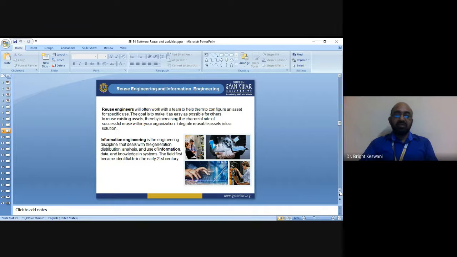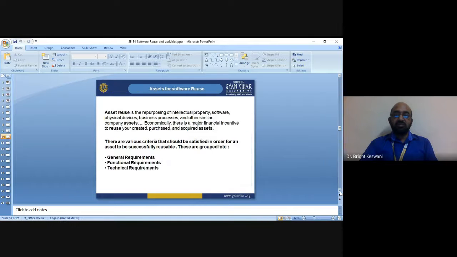Okay, so let us discuss the next topic, assets for software reuse. Assets for reuse are any component that is specifically developed to be used and is actually used in more than one context. And this does not just include code.